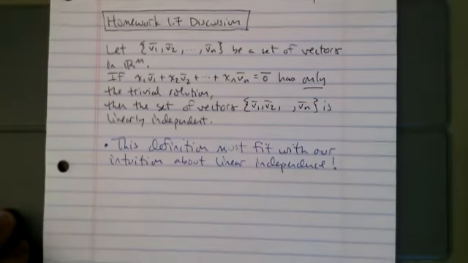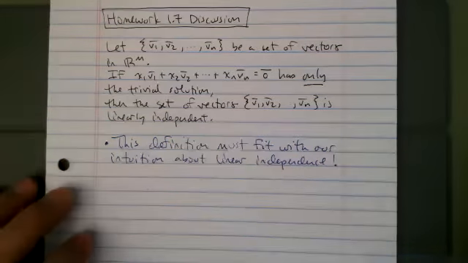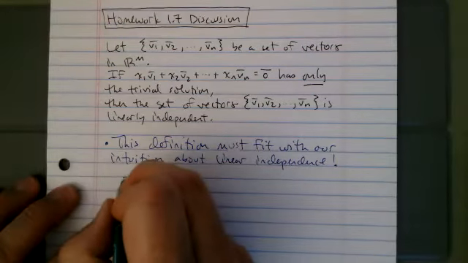So this is a definition, and it should fit with everything that we know about linear independence already. So this should be equivalent to saying that one of the vectors is not a linear combination of the others. No vector is a linear combination of the others.